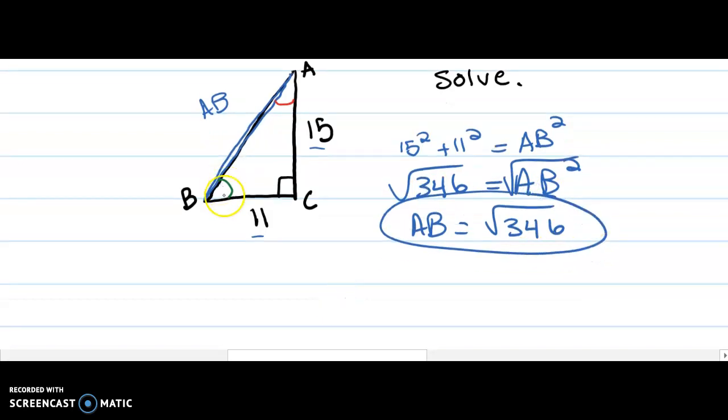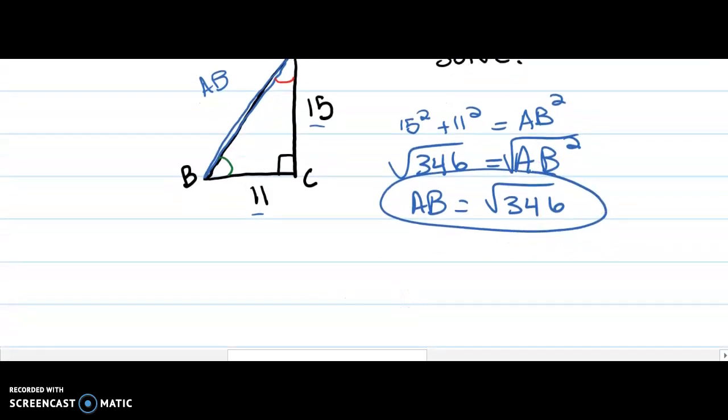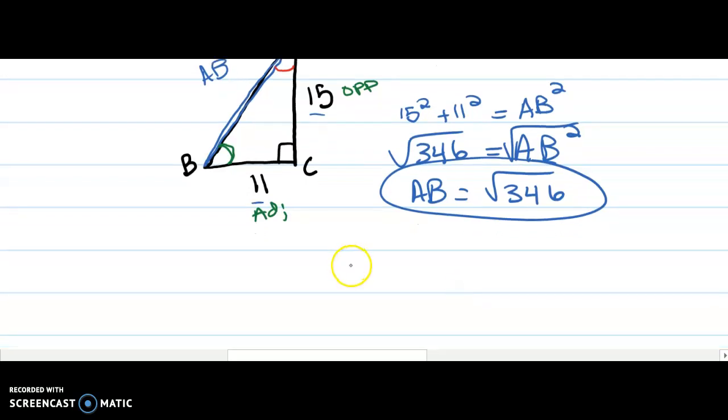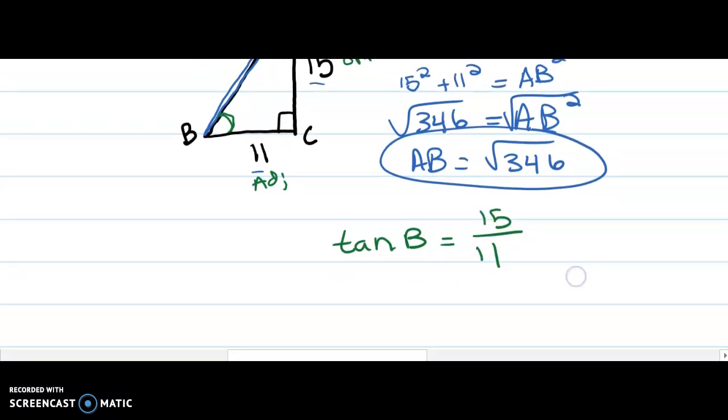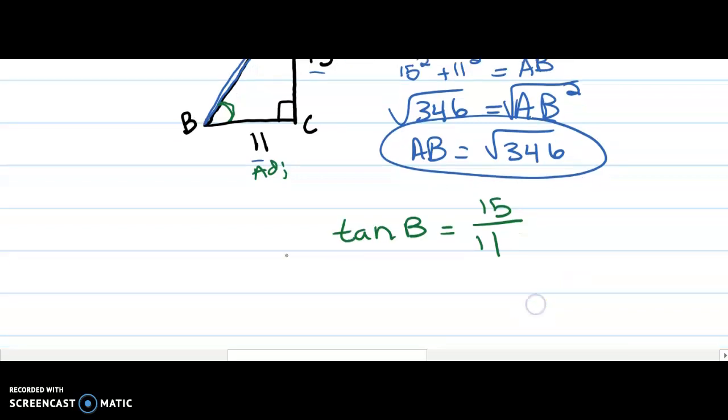Okay, now we need to find these 2 angles. So let's start with angle b. So angle b, and which trig ratio uses opposite and adjacent? I'm going to have tangent of b is equal to the opposite, which is 15 over 11. Okay, now I want to solve for b, so I'm going to use the inverse of tangent on both sides.